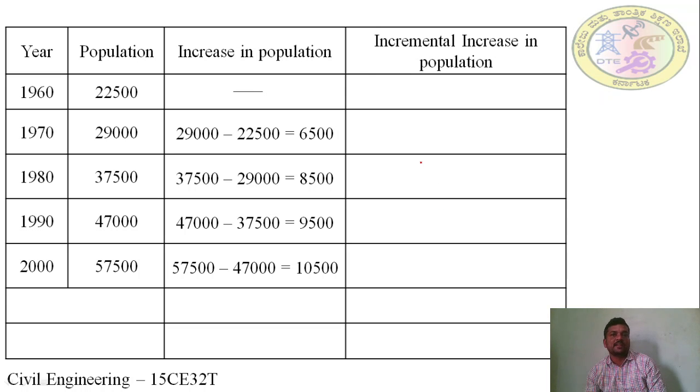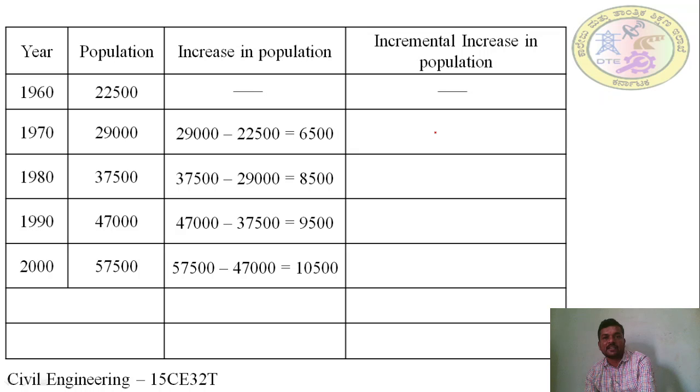After finding the increase in population, the next step is to find the incremental increase in population. Here the increase in population is nil, so the incremental increase also becomes nil. For 1970, we have the increase in population but we don't have the increase for 1960, so we cannot find the incremental increase for this decade.